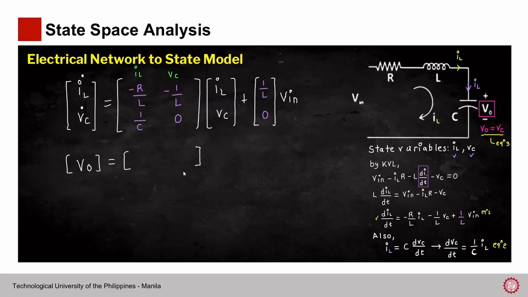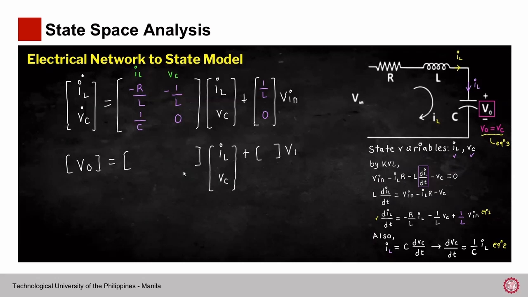But in this case, the output is the V out. So we put VO. And then we just need to write the state variables, which are IL and VC also. Then we have the feed forward matrix, and then we have the V in.